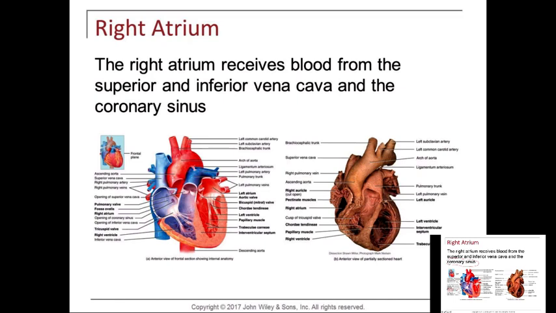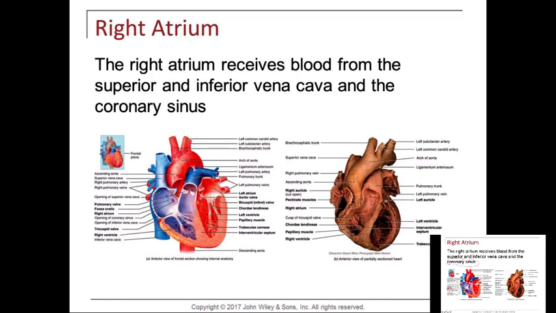All the deoxygenated blood from the brain, the facial muscles and the muscles of the arms comes in from the superior vena cava, and all the abdominal organ deoxygenated blood and all the blood from the lower extremities have to find a way into the right atrium from the inferior vena cava.